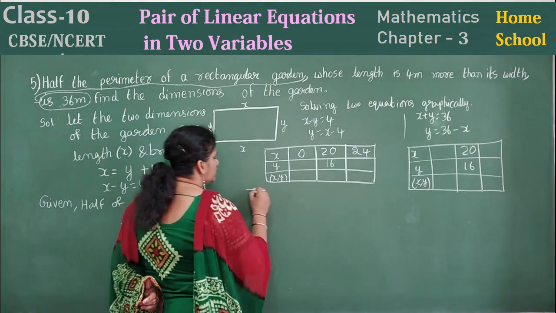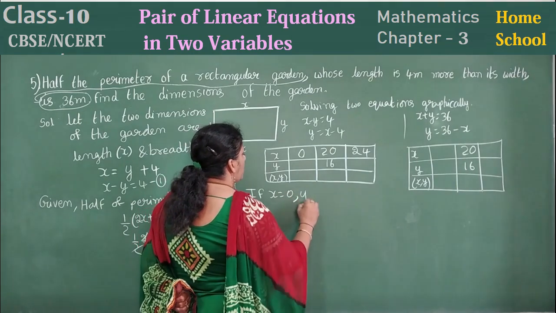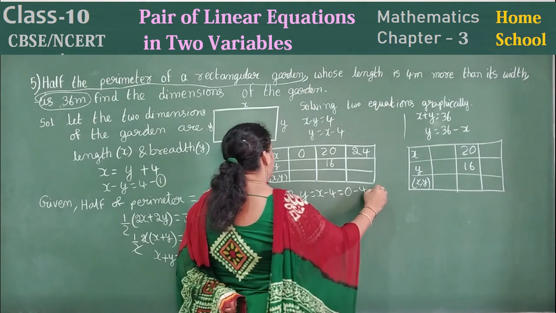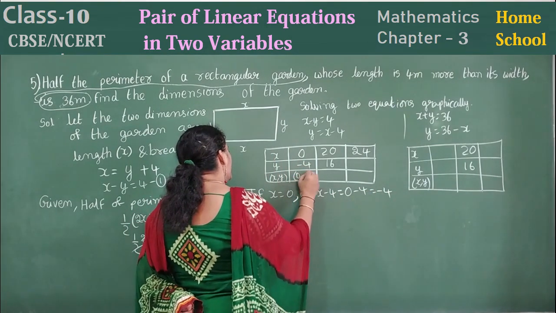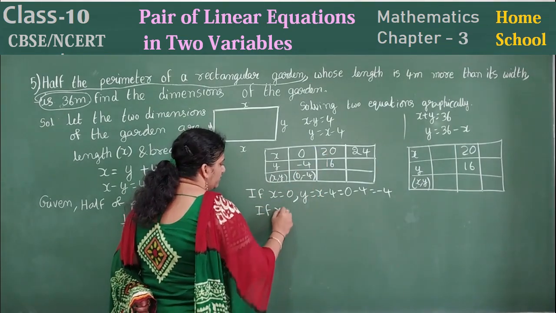Let it be. So let us solve this. If x equal to 0, y is equal to x minus 4, that will be 0 minus 4, which is minus 4. Okay, this is 0 comma minus 4. And we have to do that also, children.